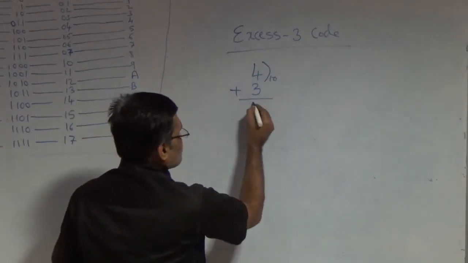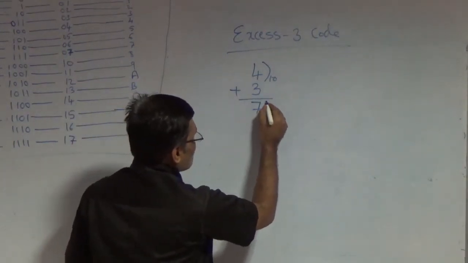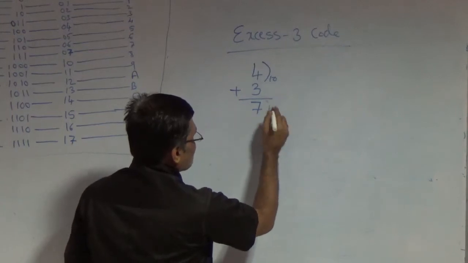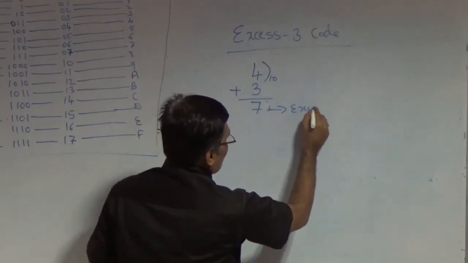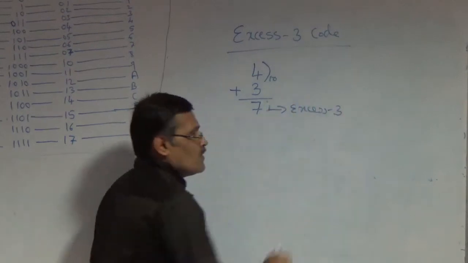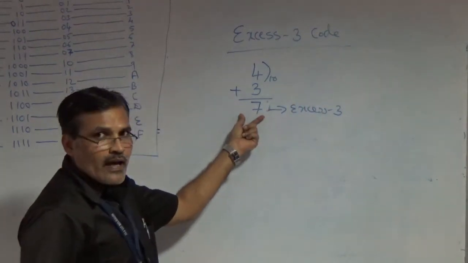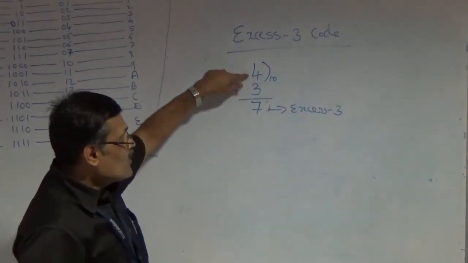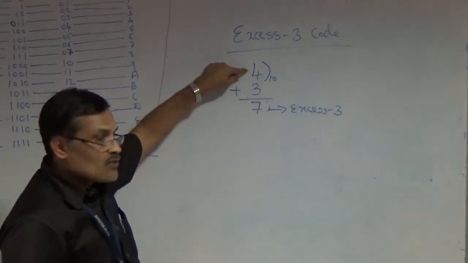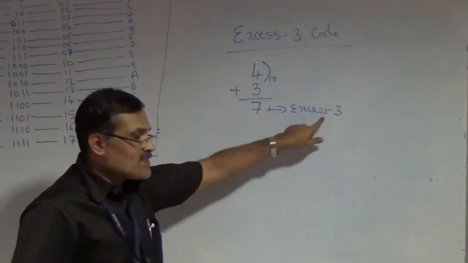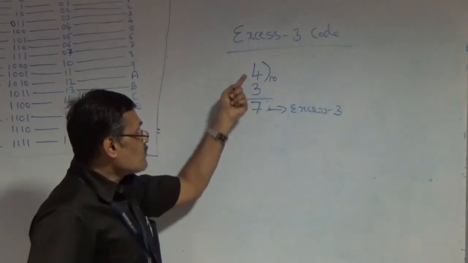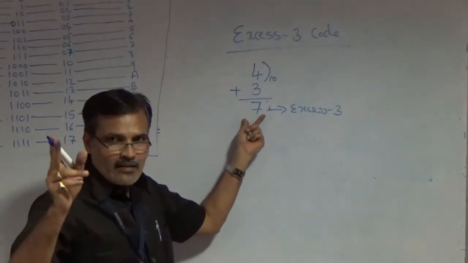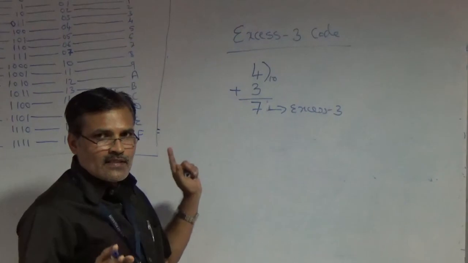So just add it, and you get 7. So this is our Excess 3 number. In the decimal number system we call this number 4, but in Excess 3 code format, this 4 is nothing but 7. This is how it is Excess 3.